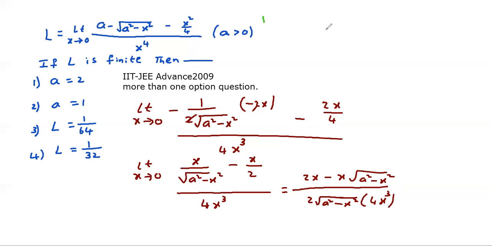Now take x common. If you take x common, so what do you get here? This x and this x cube, one x gets cancelled. Here you get x square.